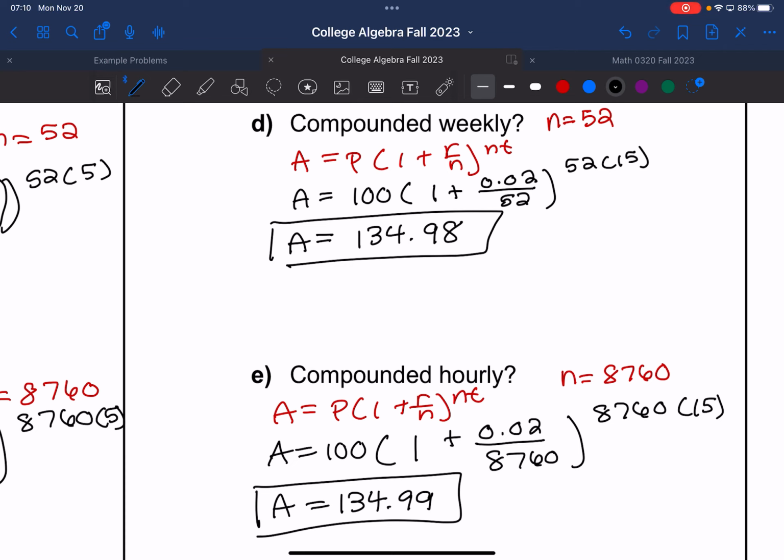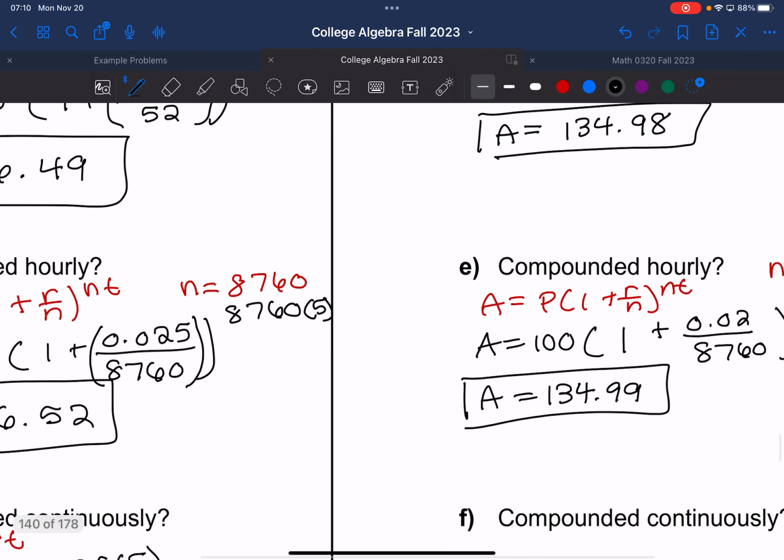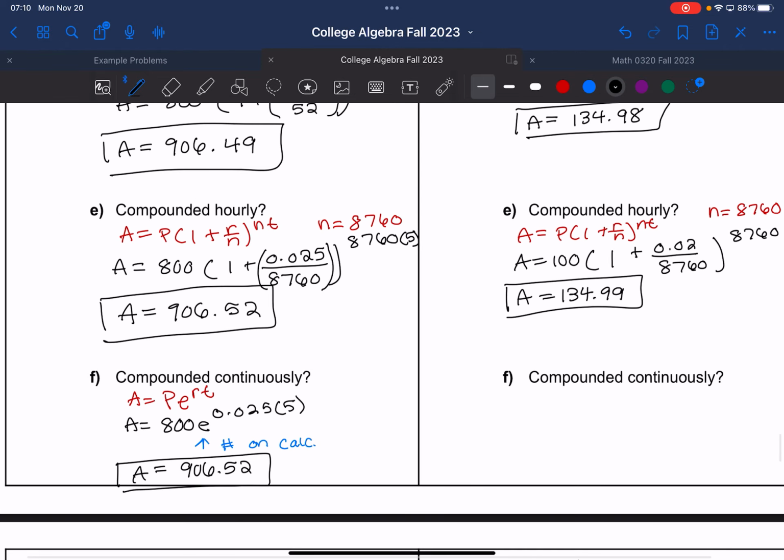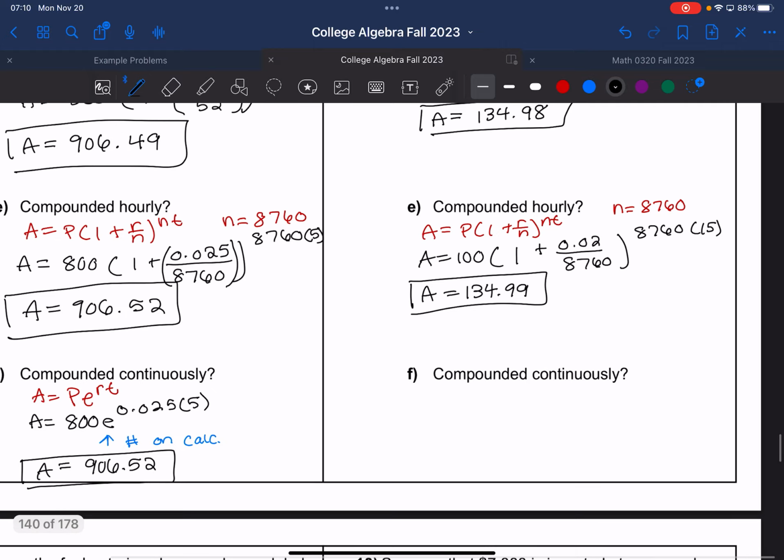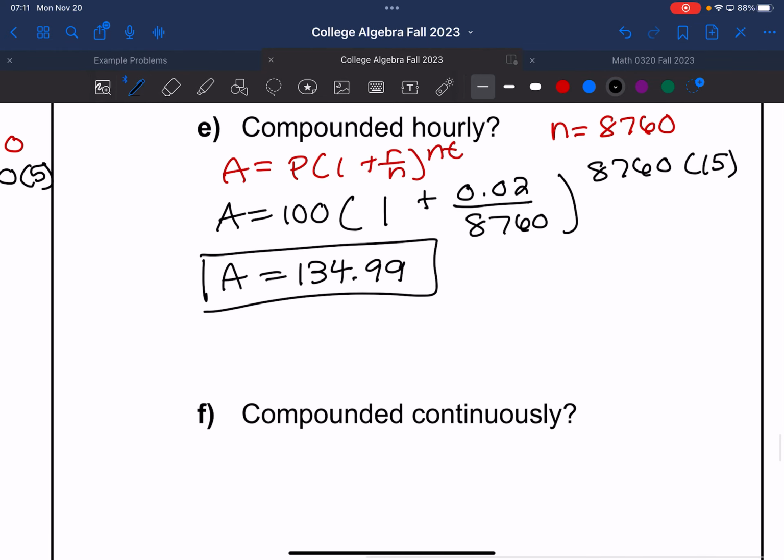And then what did we notice about F in the last problem when we were comparing E and F? It's the same as compounding hourly. Yeah, compounding continuously gives us the same amount as compounding hourly. So when we do this compounding continuously equation, we should get the same 134.99.